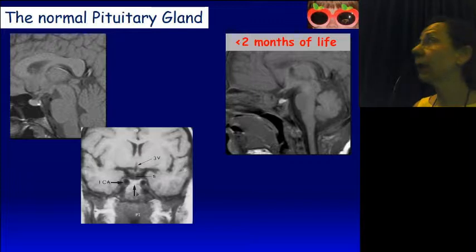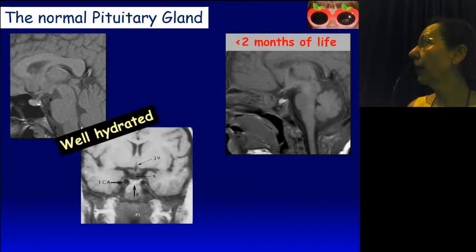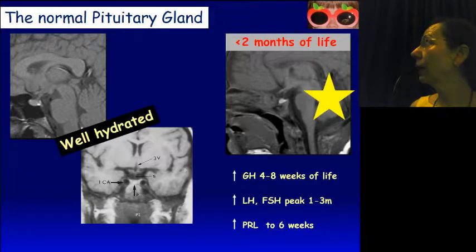In those cases, the anterior lobe has high signal intensity due to the presence of high hormone content in there. This high signal intensity is due to the lack of establishment of controls between the hypothalamus, pituitary gland, and the organ targets.